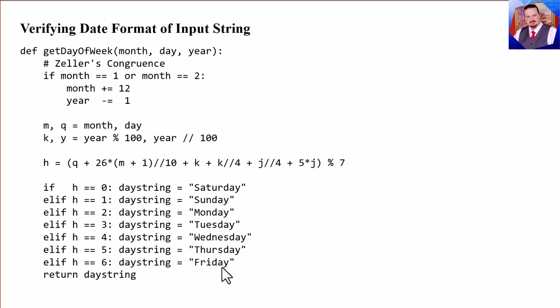We simply extract the information, convert it to integers, which we did, in fact, in the last routine. Pass that to this function called getDayOfWeek, and it will return Saturday through Friday using Zeller's congruence. So let's incorporate these two functions into our code. We'll see how it runs, and that will leave us, if I recall, just one thing to do.